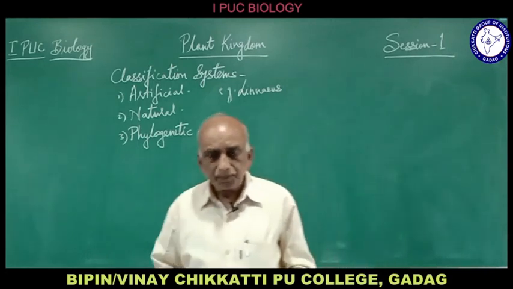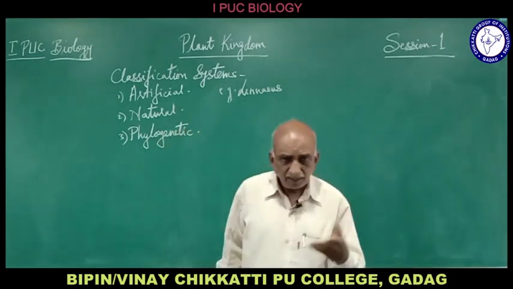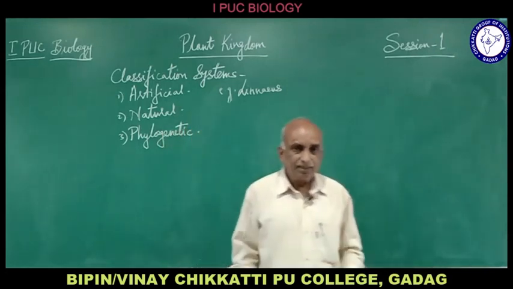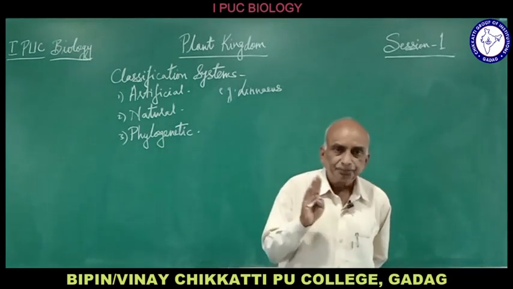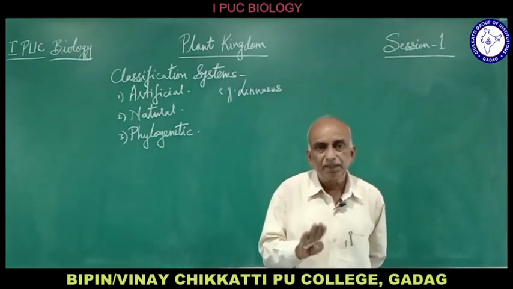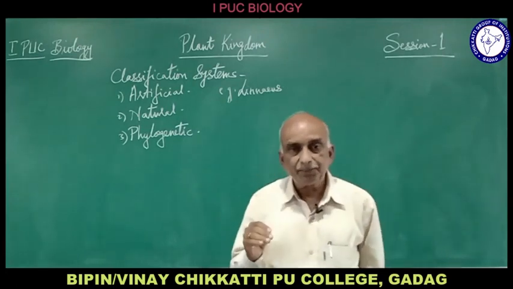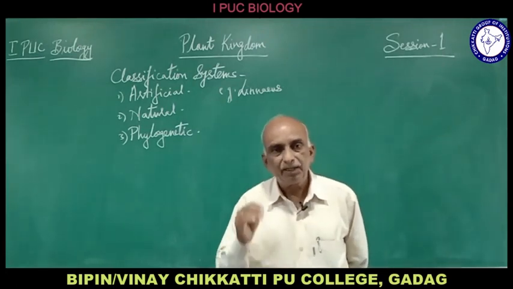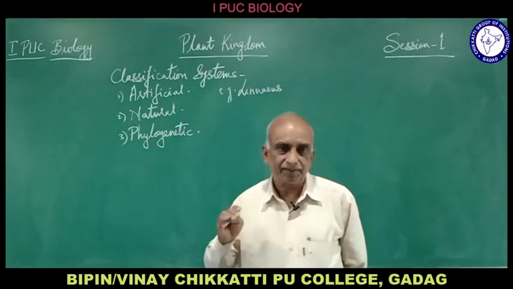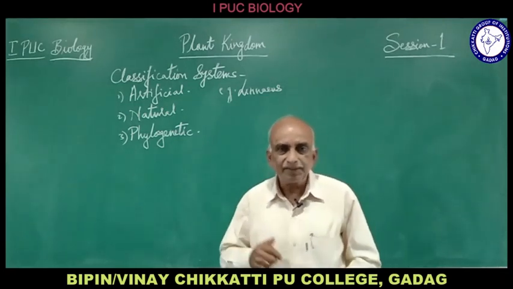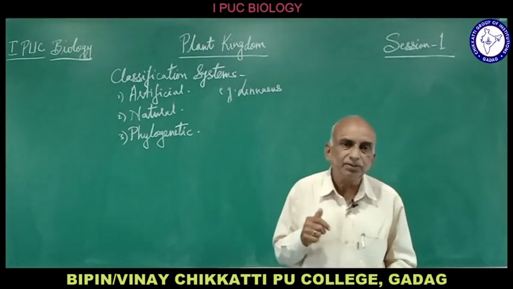And even Aristotle, take for example, he classified living organisms into plants and animals. Plants were further classified into three groups: herbs, shrubs and trees. On what basis were these plants classified into three groups?